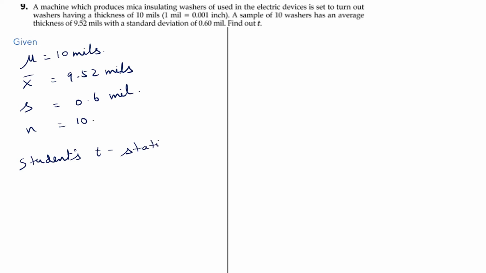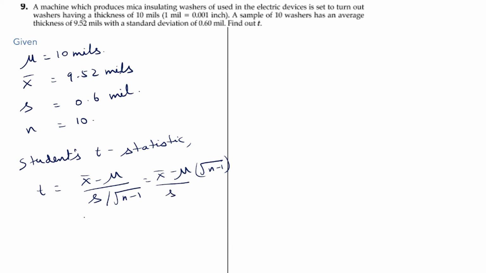T is equal to x bar minus mu upon, here since the sample standard deviation is given, we should have small s upon root of n minus 1, or it is x bar minus mu into root of n minus 1 upon s. Now when we substitute all these values, we will get the value of T.